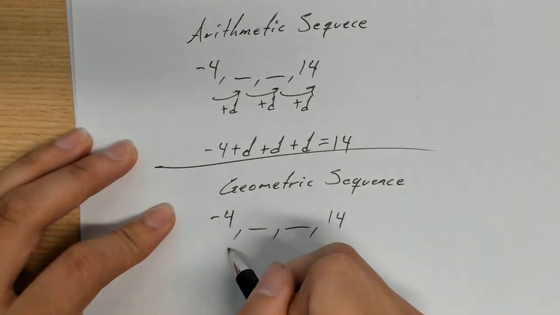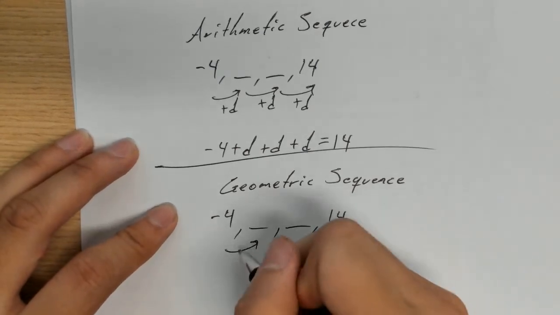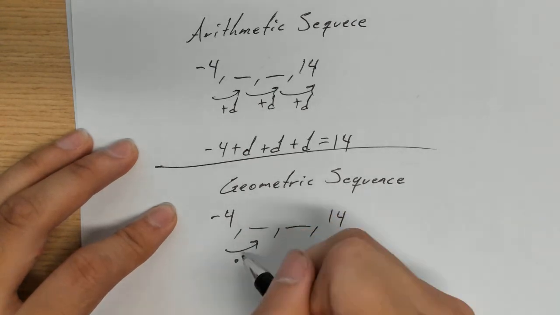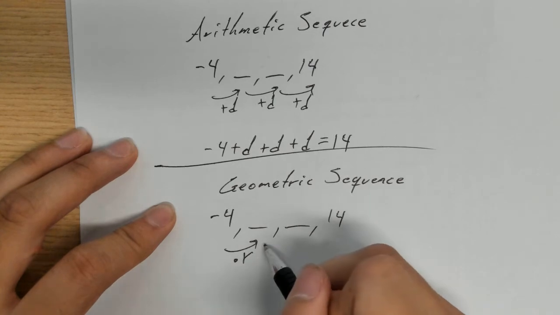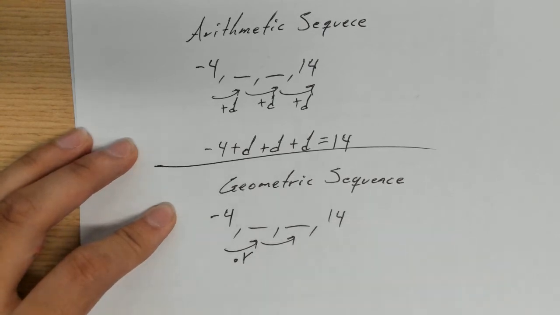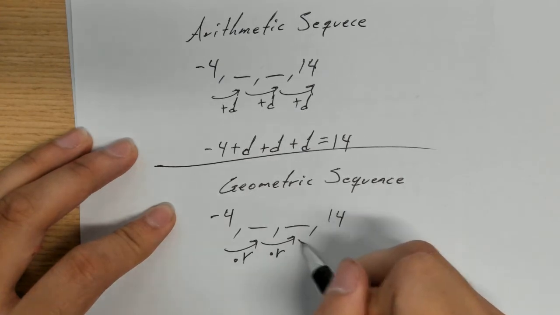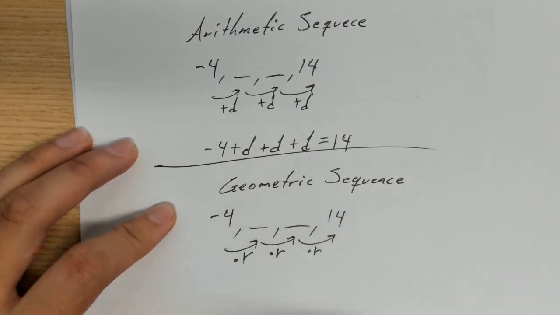What do I do to -4 to find the next term? Multiply by R, the common ratio. Now from that, what do I do to find the next one? Multiply by R. And then what do I do to find the 14? Multiply by R.